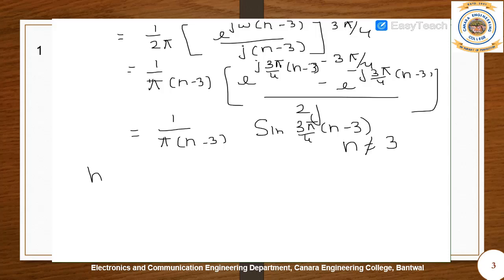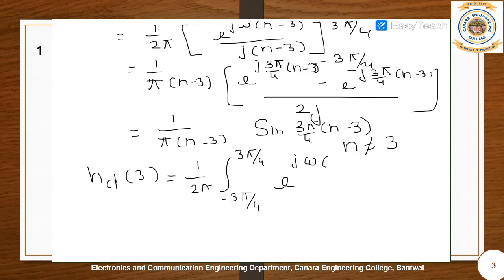So we need to find for n equal to 3. So HD of 3 is 1 over 2 pi, integral from minus 3 pi by 4 to plus 3 pi by 4 of e to the power j omega (3 minus 3) d omega, as n value is 3 here.